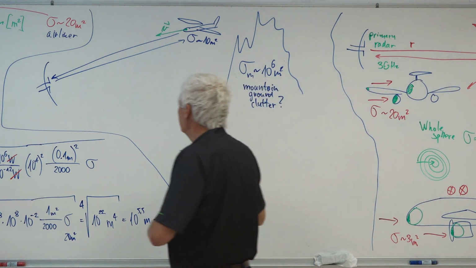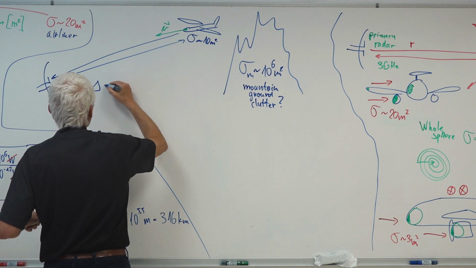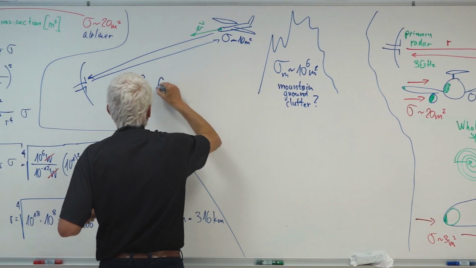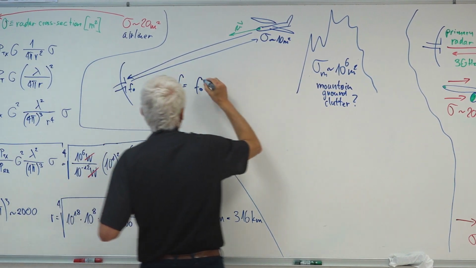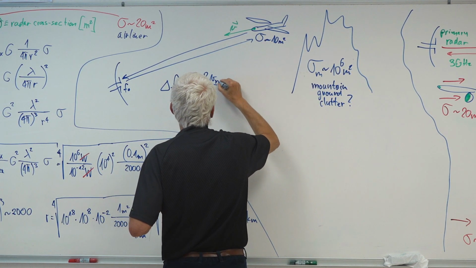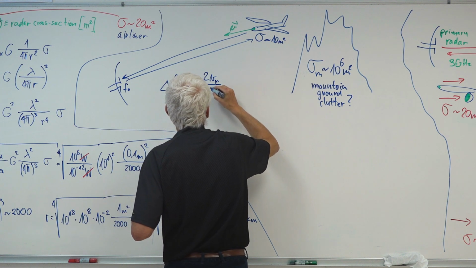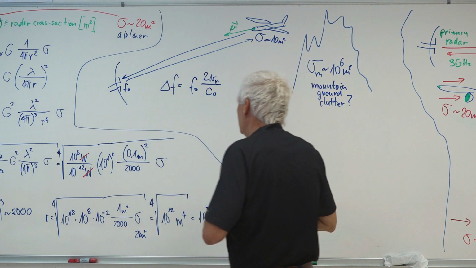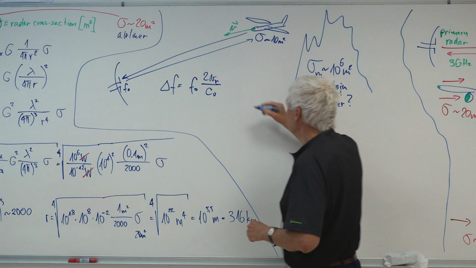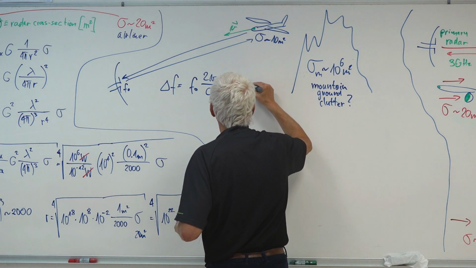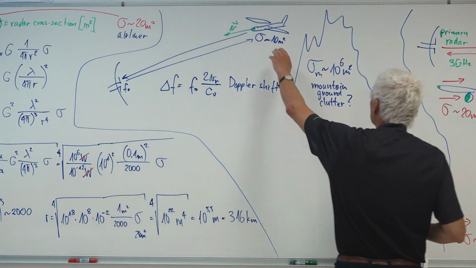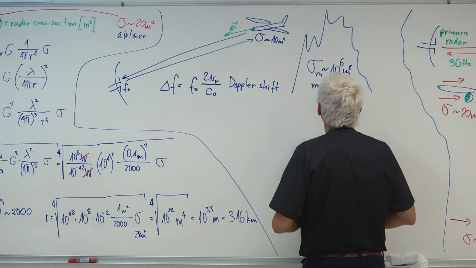So the Doppler shift delta F will be equal to F0 of the radar multiplied by twice V, the radial component of V, divided by the speed of light. So using the Doppler shift, you can separate your wanted target from the mountain.